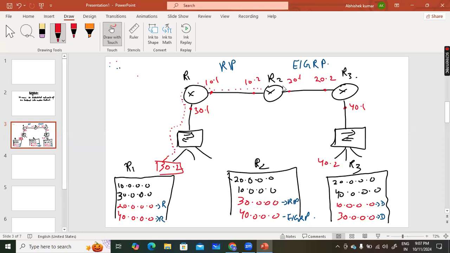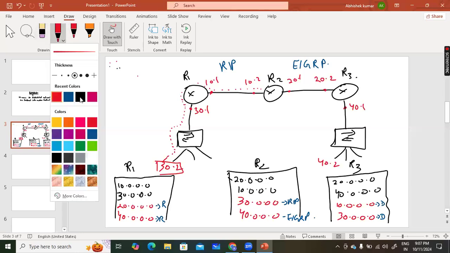Router 2 will see its routing table. It will see the message is coming from network 30, which is RIP, but it has to deliver on 40, meaning EIGRP. Router 2 knows that there is RIP on network 30 and EIGRP on 40.